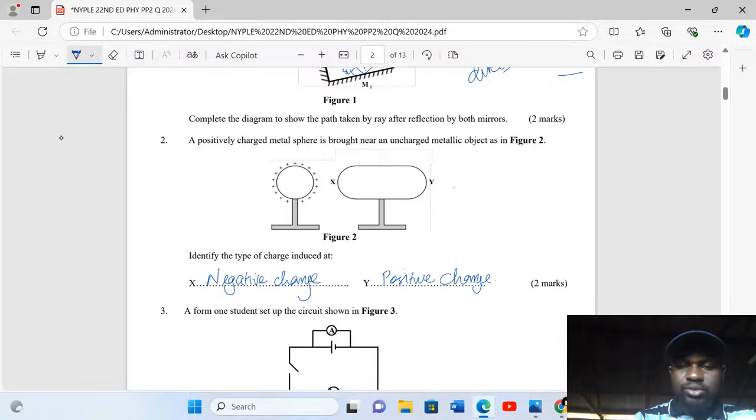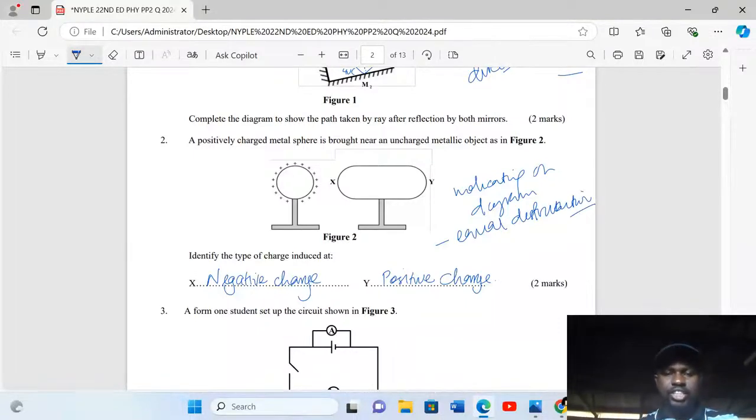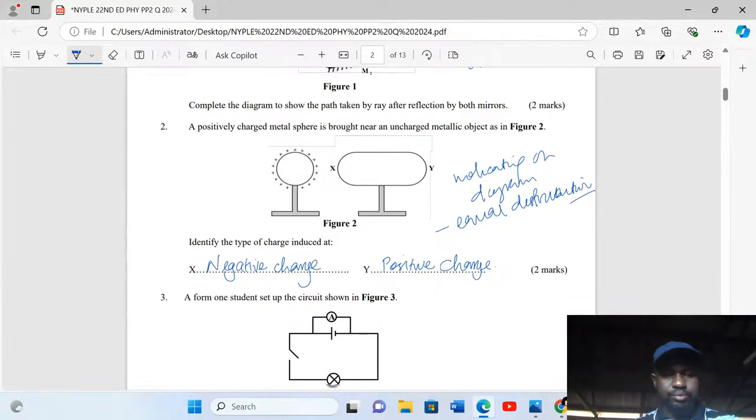But if you are indicating on the diagram, then you must note that it should give equal distribution. The charge density must be equal for both X and Y, even though they will be opposite.